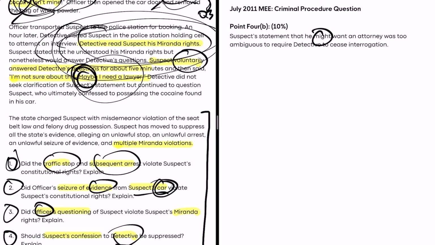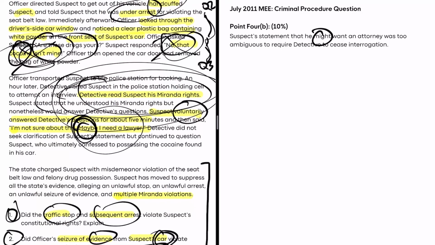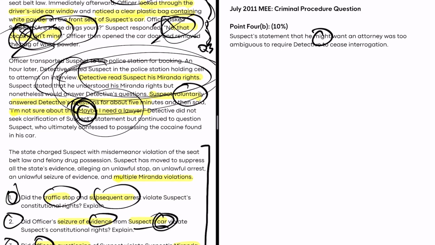If the request is ambiguous, the police are not required to cease the interrogation. Here, our suspect says, I'm not sure about this. Maybe I need a lawyer. This is not an unambiguous request for counsel. In fact, the most reasonable interpretation of this statement is that the suspect might be invoking his right to counsel.